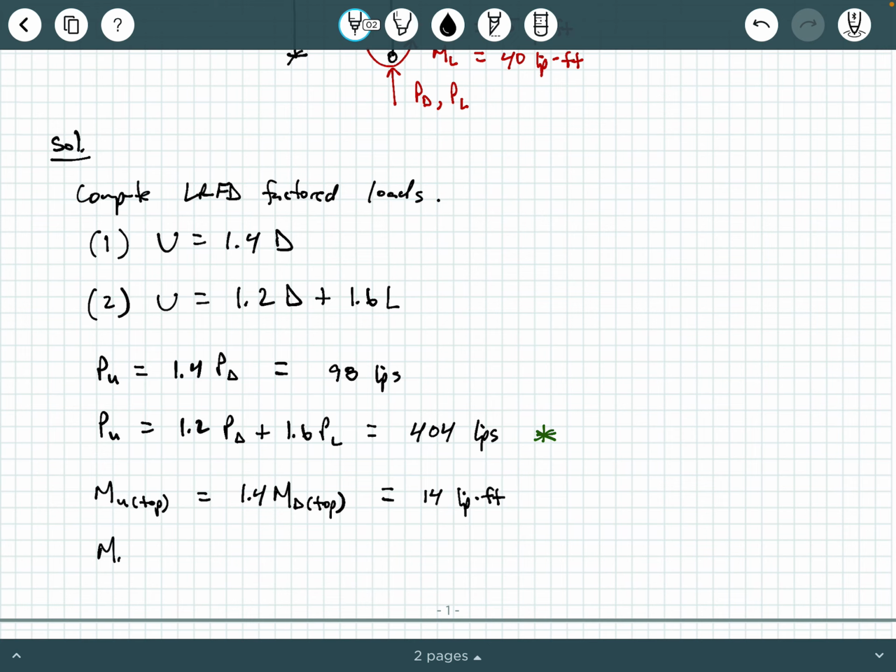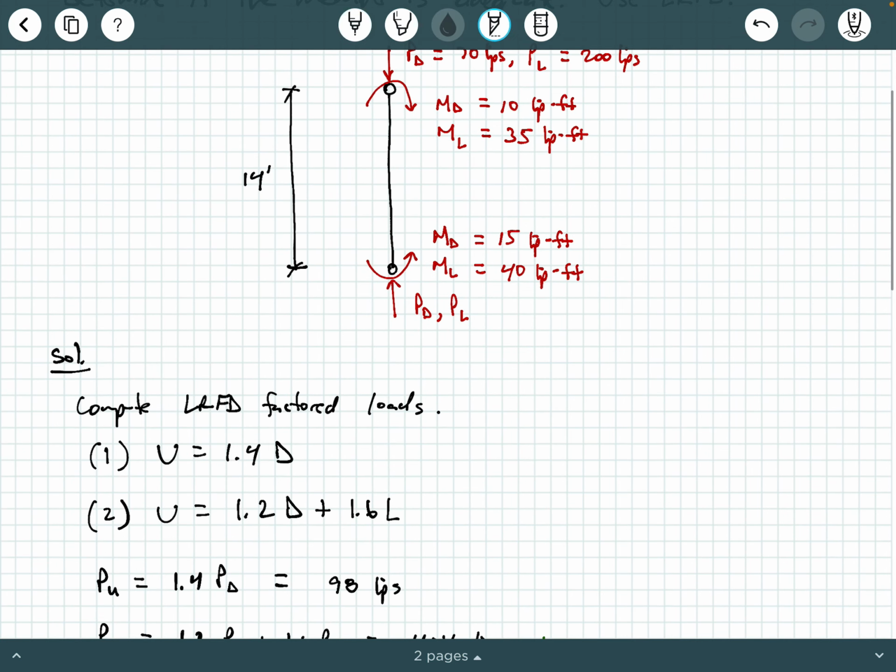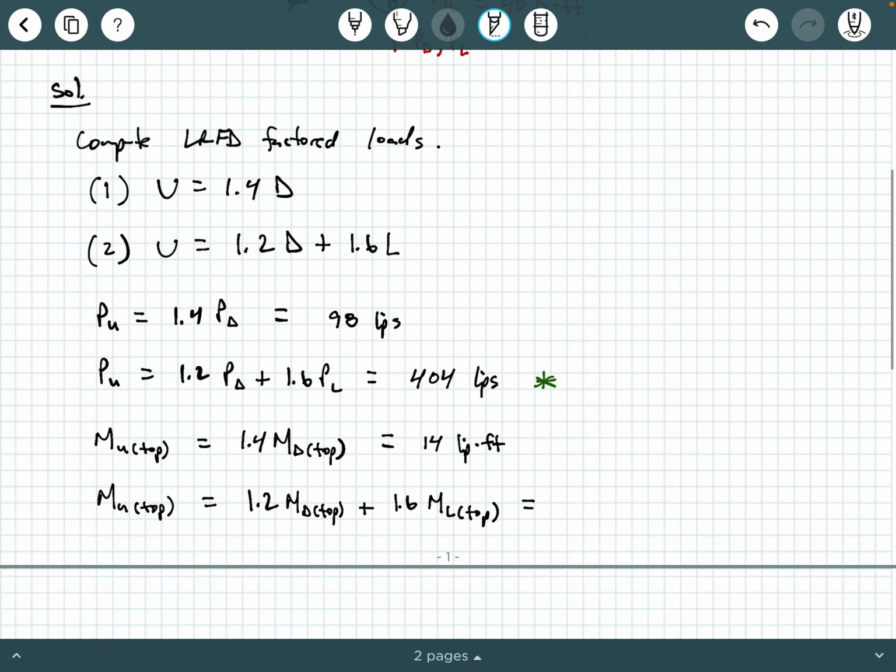And then we can also check M_u top with the second load combination, 1.2 M dead top plus 1.6 M live top. And again, right now we're only checking the top moment. So 1.2 times 10 plus 1.6 times 35, and I get 68 kip feet.